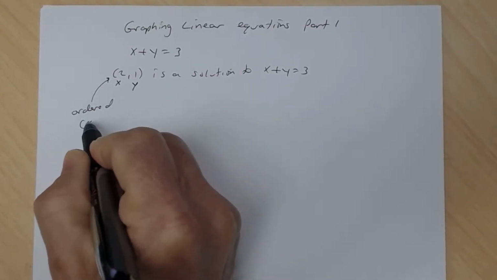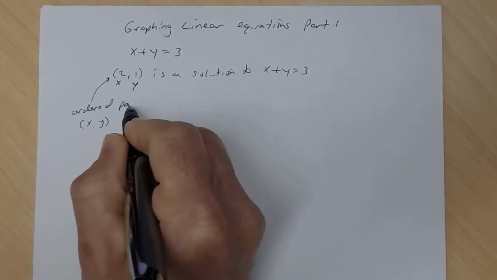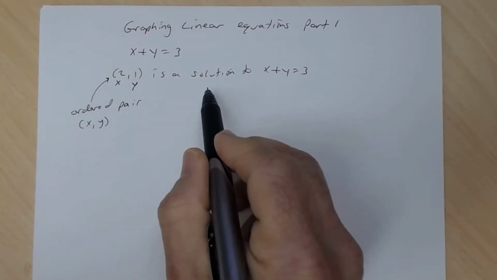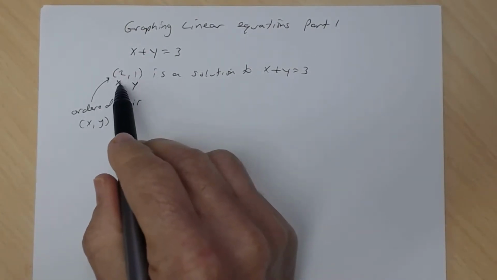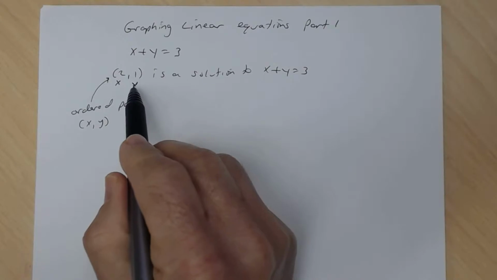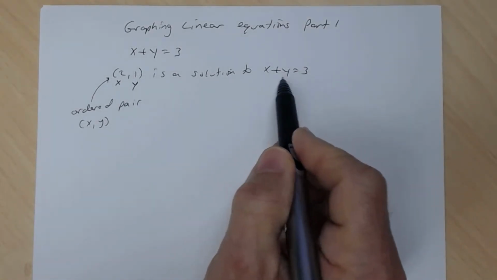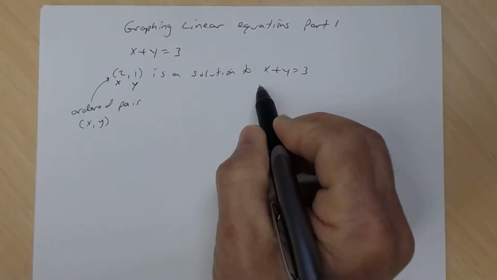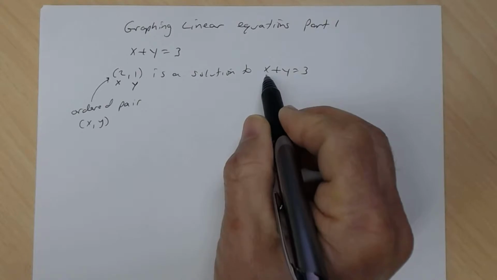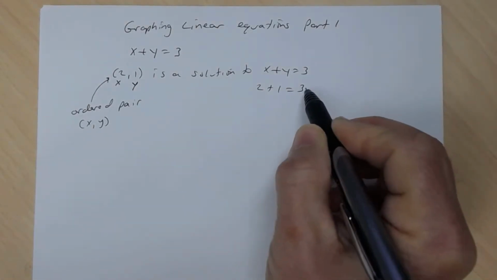If I substitute 2 in place of x and 1 in place of y, the left side has to equal the right side, so this equation will be a true statement. So we said if x is 2 and y is 1, 2 plus 1 is 3, and so that is a true statement.